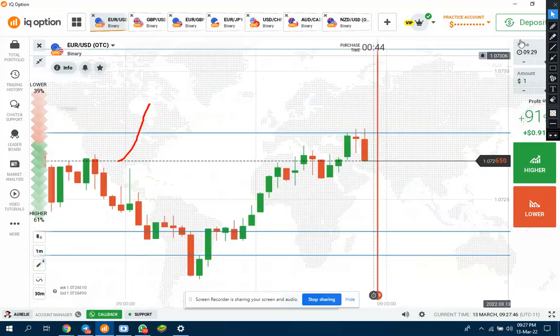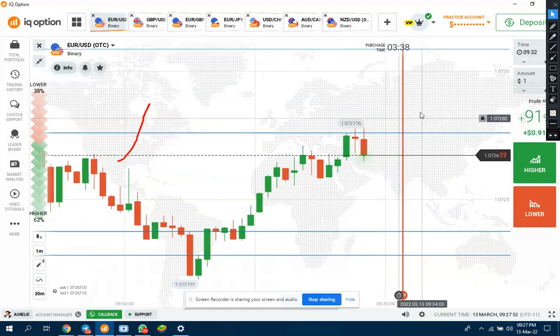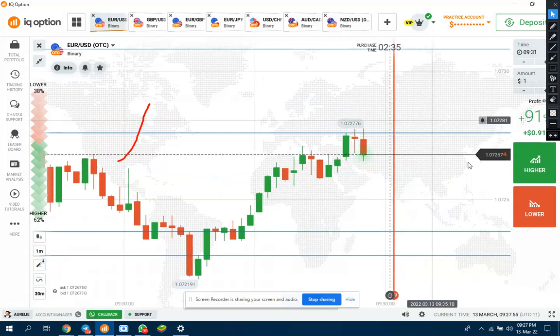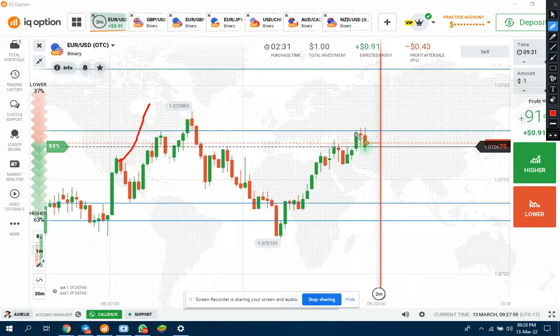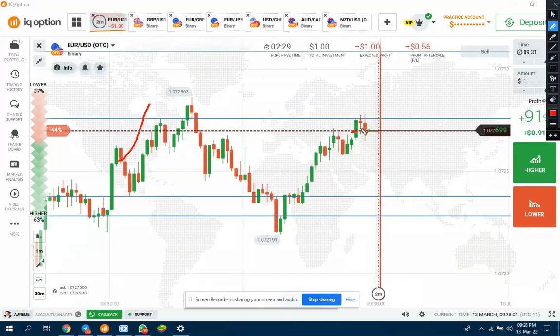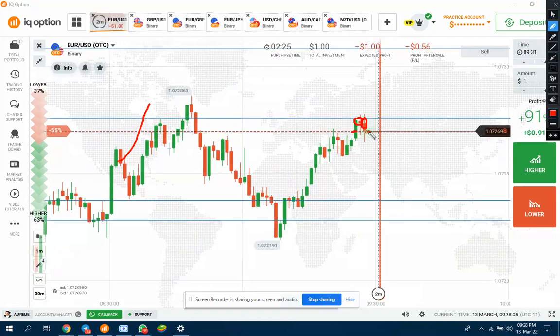So that is why the sellers are now entering the market. This is two, at least three more candles, because when the price reached the level, it didn't break the level. So let's say we now enter the first trade, first candle, second candle.